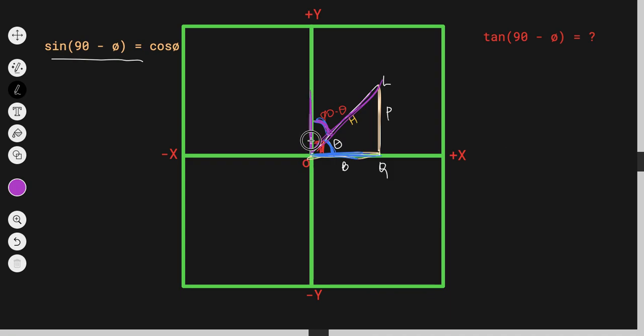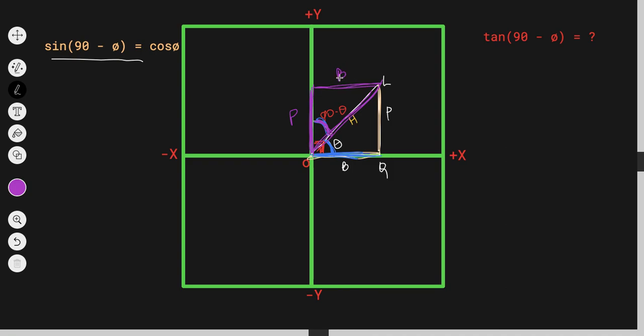And the length of this side will be nothing but the length of that side itself, p, because it is in front of that. And if I construct this triangle like this, B is in front of that, so its length will be B.